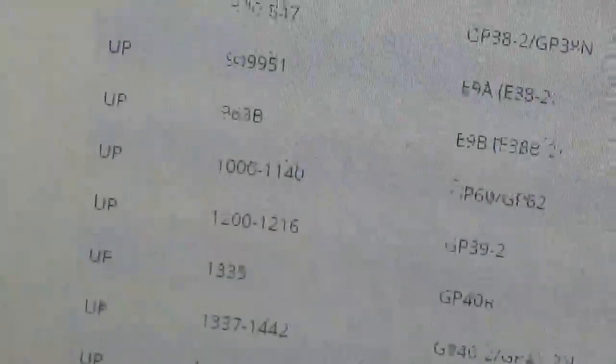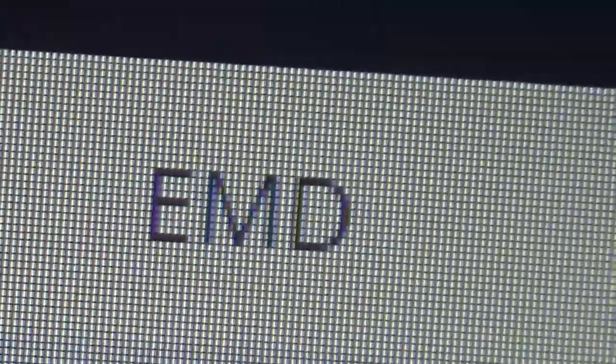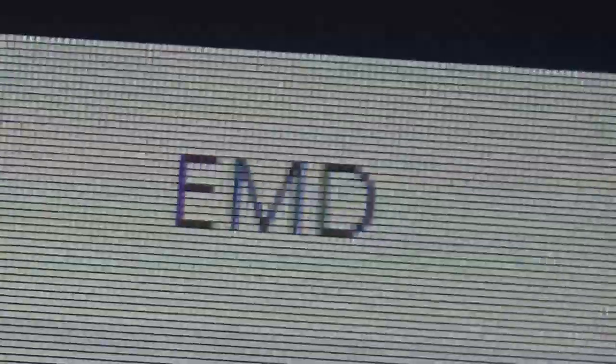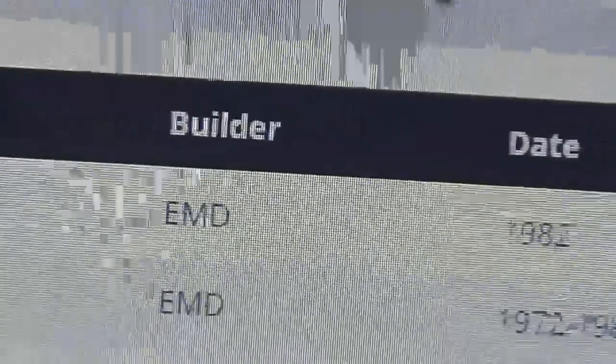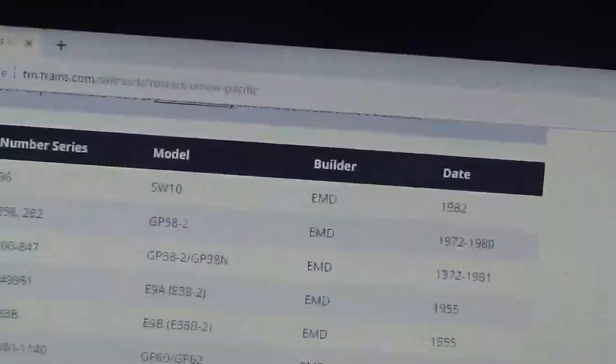So what a roster shows is the initial of the railway, the number, and what type of locomotive it is, and then the builder, the company who built it, and then the date that it was built. This is exactly what a locomotive roster tells you.